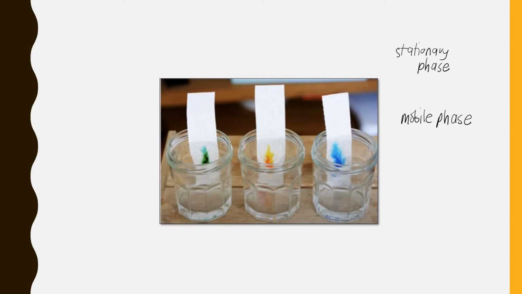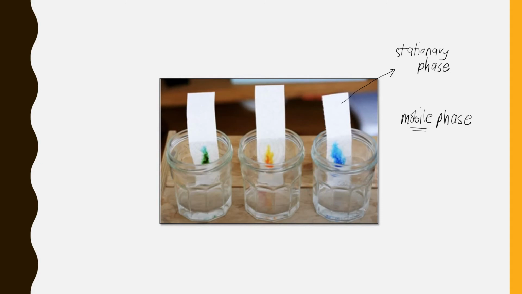For this example, you can see that you have a filter paper. The filter paper will be the stationary phase. It will be staying in the chromatography system throughout the separation process. And then you have another one, the mobile phase. The name is mobile, so you know that it will be moving throughout the system, throughout the process.